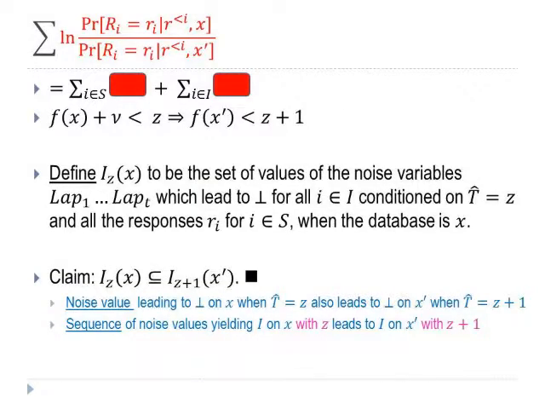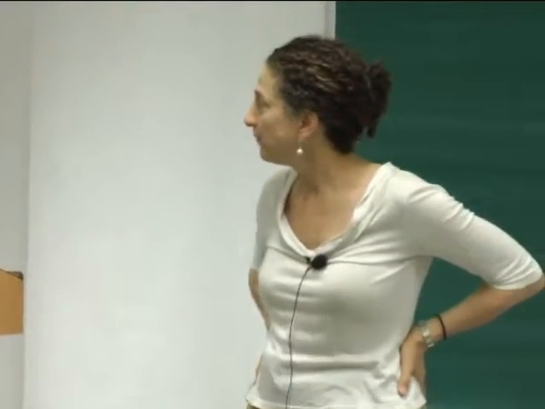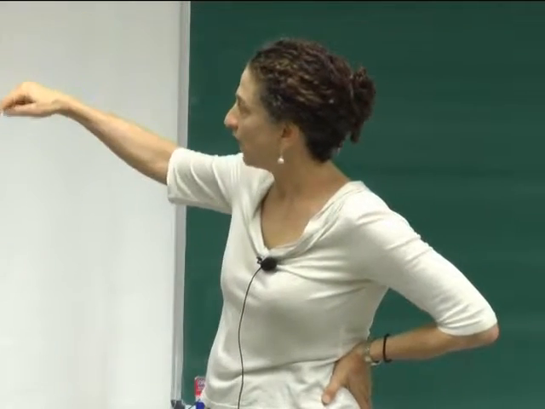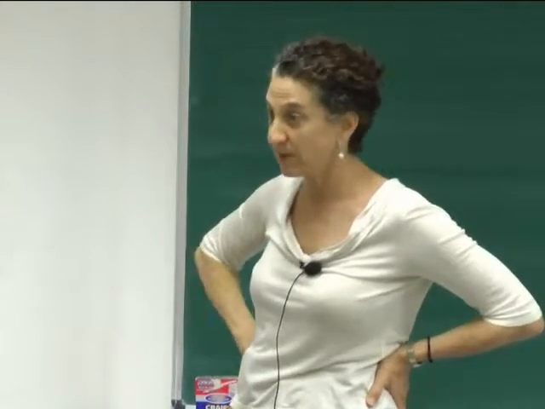So now, how do we use this? We're going to introduce a piece of notation. These are the insignificant rounds when the threshold is z and the input is x, I sub z of x.